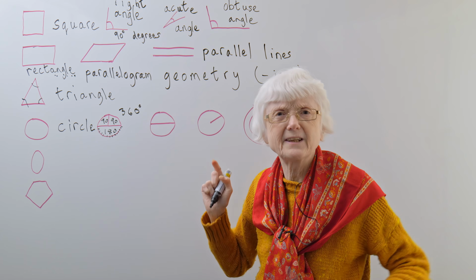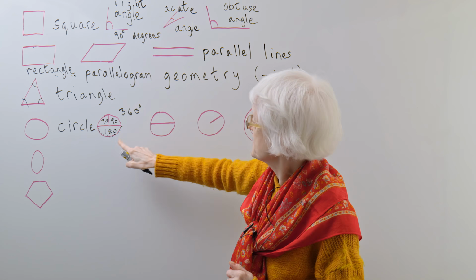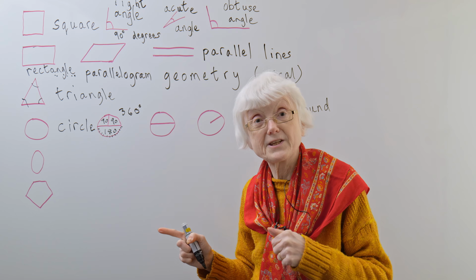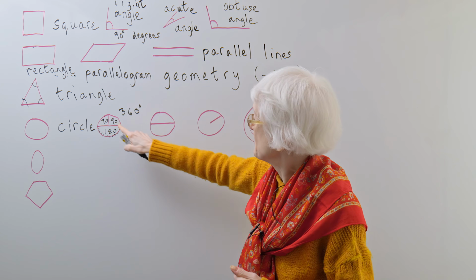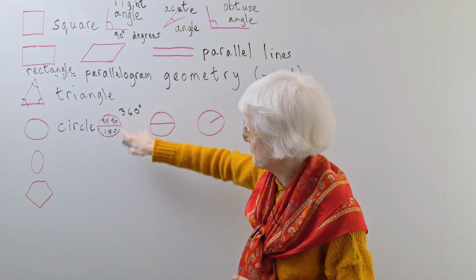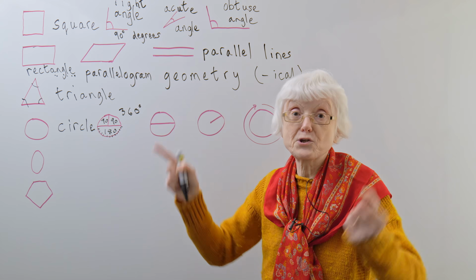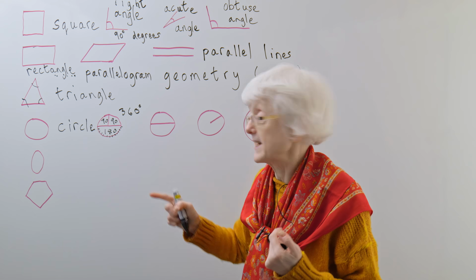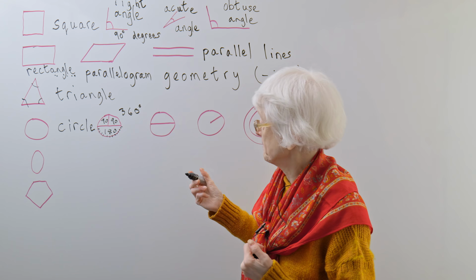What, 90? That's a strange number. But it's because it's a quarter of 360. So that's why that's 90 degrees, a right angle, because the full circle, the largest number of degrees you can get is 360. Okay, that's why.